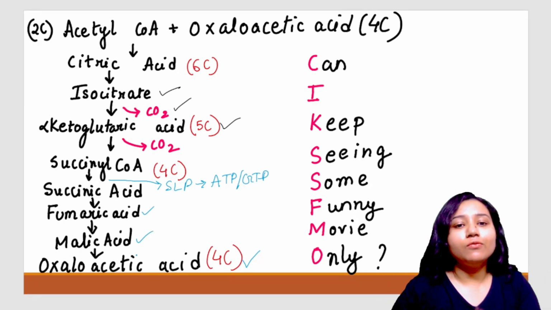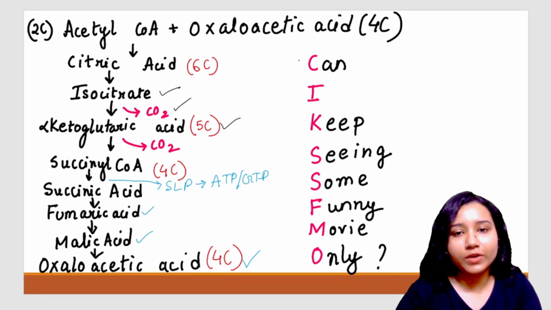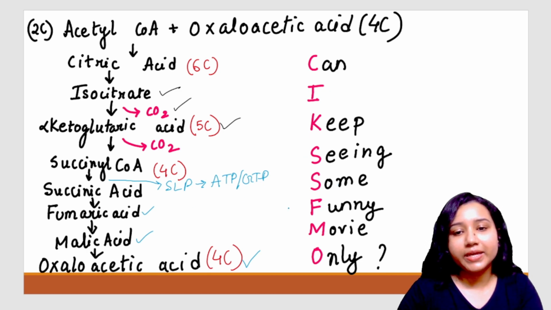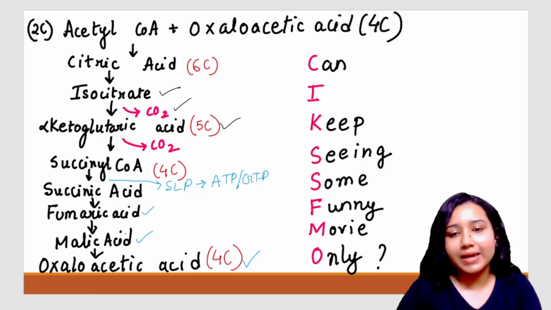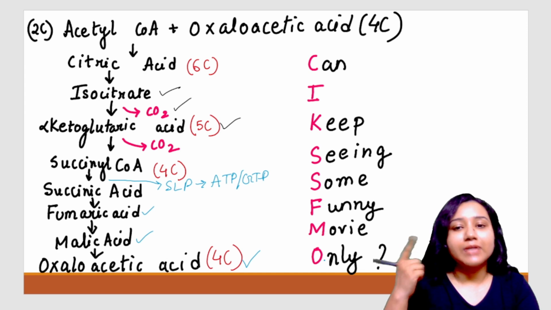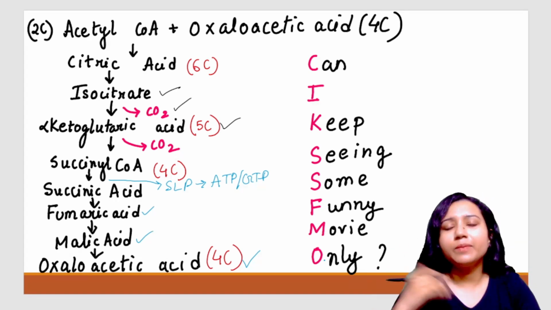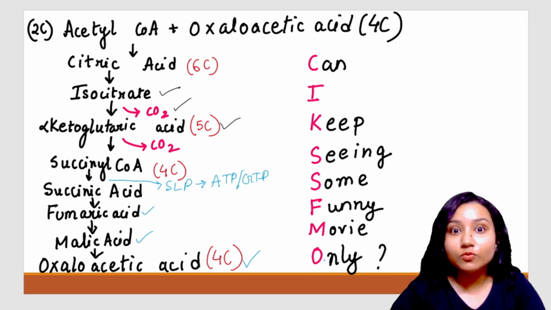Okay, and now with the help of this rhyme, I hope all of you can remember: citric acid C, isocitrate I, alpha ketoglutarate K, succinyl CoA S, succinic acid S, fumaric acid F, that is funny, malic acid M, movie, and oxaloacetic acid O, only. So, can I keep seeing some funny movies only? You all might be loving to see movies nowadays, right?